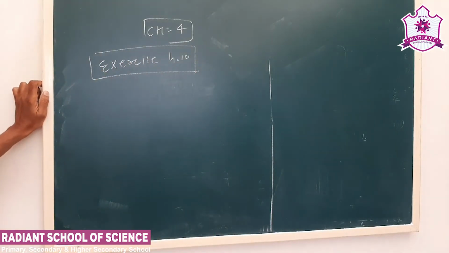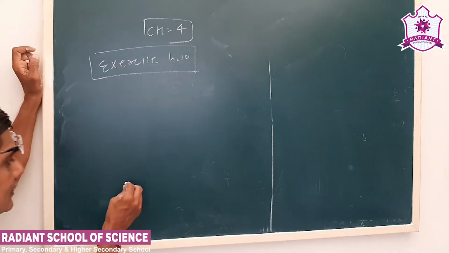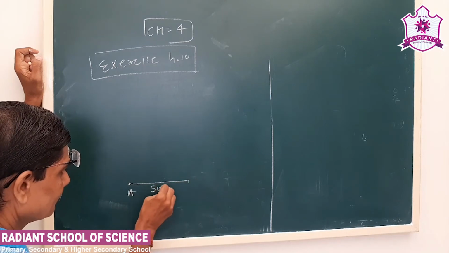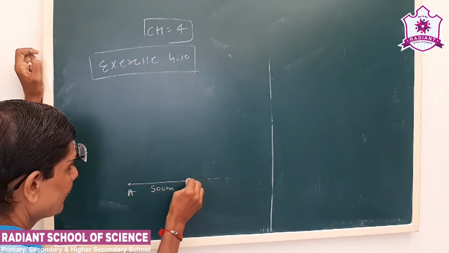Now see, on an open ground, a motorist follows a track that bends after every 500 meter. Let us say she starts from A, this is 500 meter, then it bends by an angle of 60 degree.